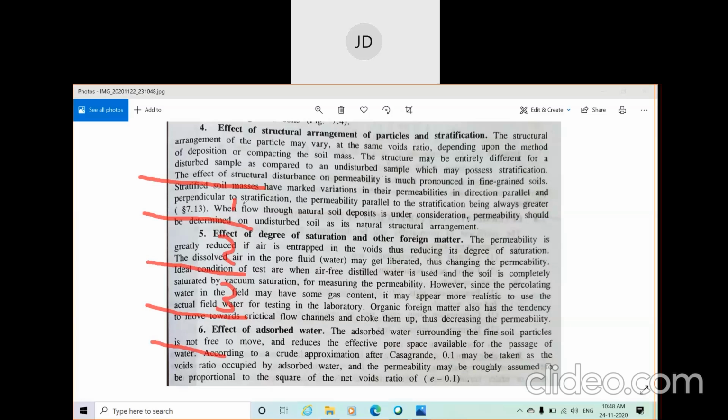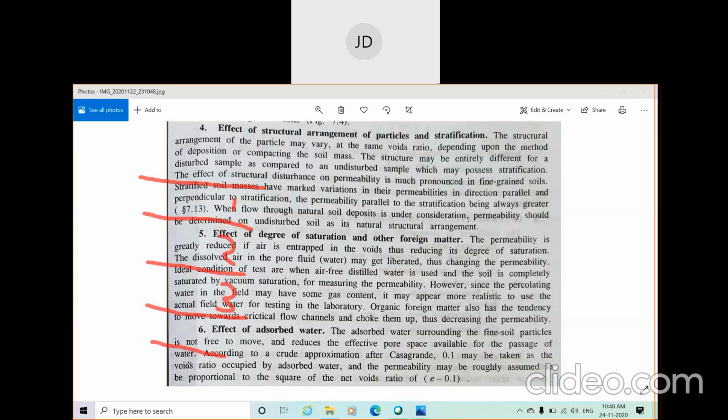How can you distinguish between these layers? The index properties of the first layer are different from the second layer and also different from the third layer. That means each layer has its own unique properties; they are not similar. That's why they are called layers of soil.